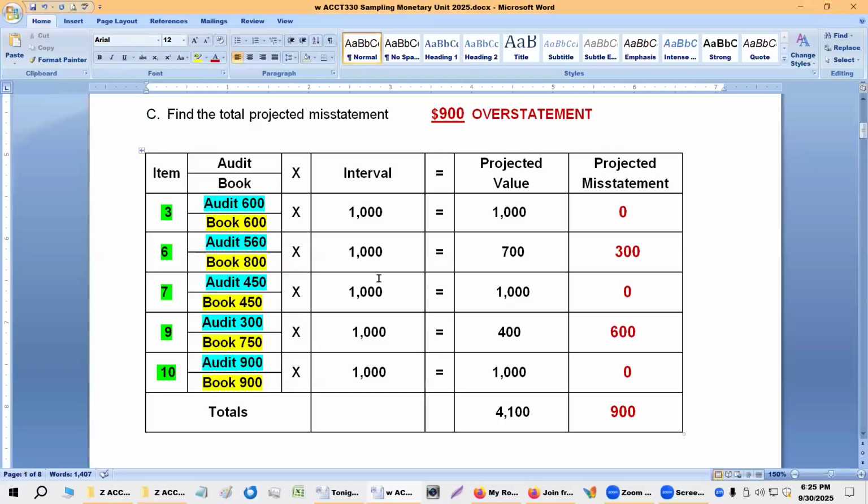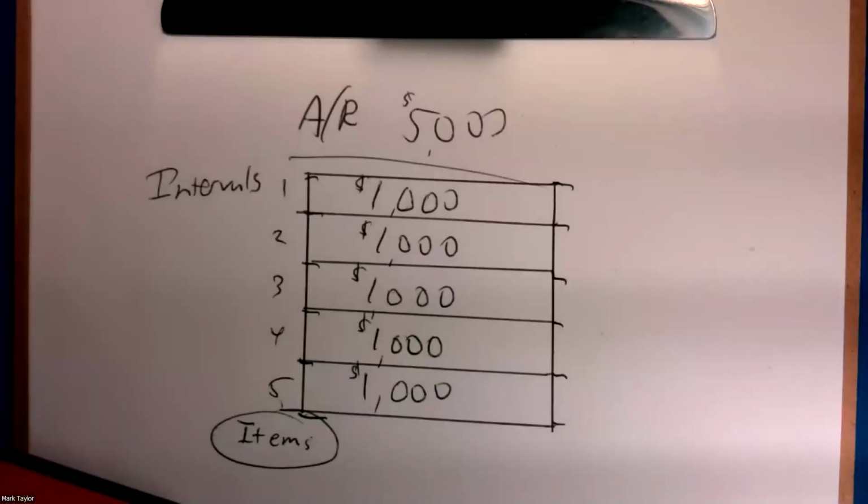Okay, so kind of visualizing what's happening. So the item that crosses that interval is the one that you pick.